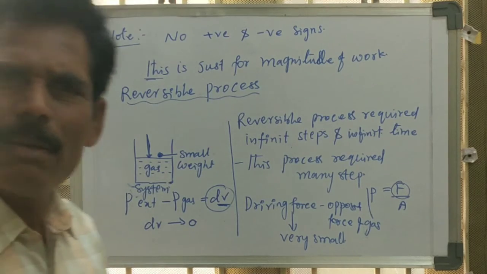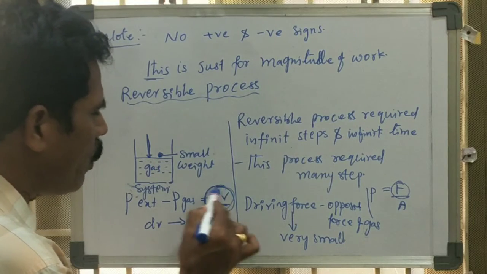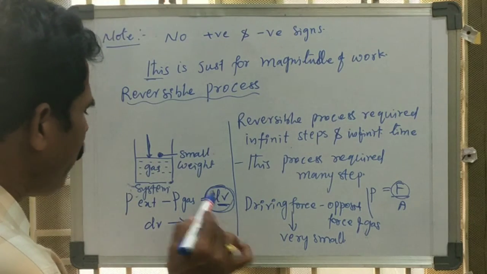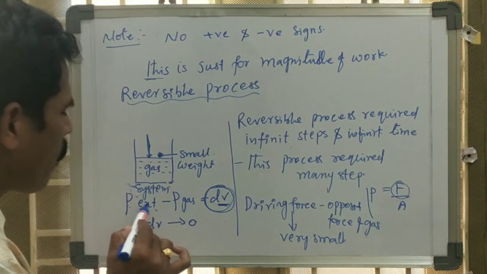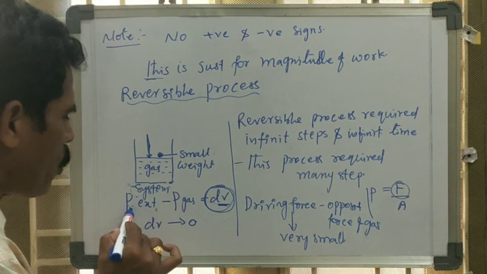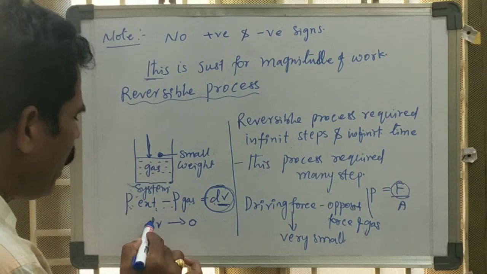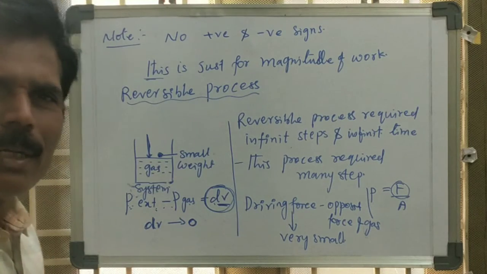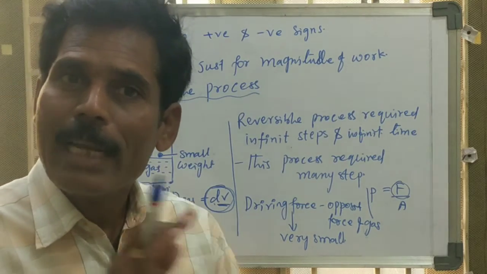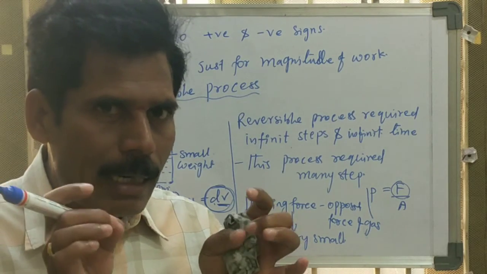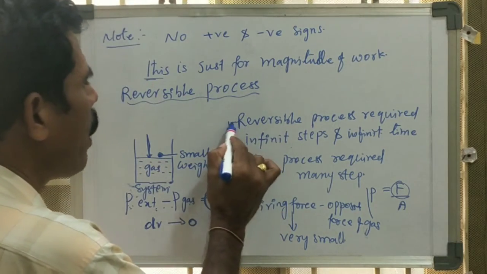How much it decreases cannot be calculated, so that small change is represented by dV. P external minus P gas is equal to dV, which tends to approximately 0, negligible. Uncountable means we cannot calculate that slight decrease in volume. So these are the points you have to represent.